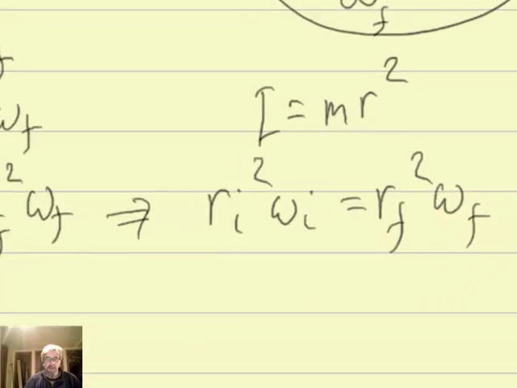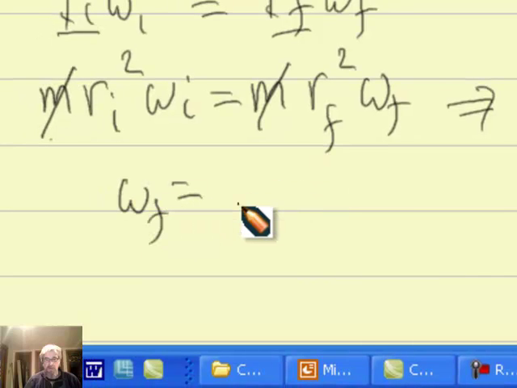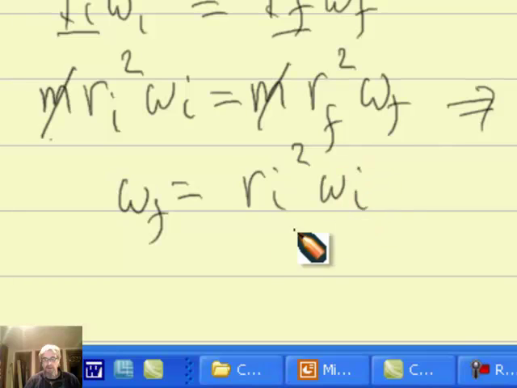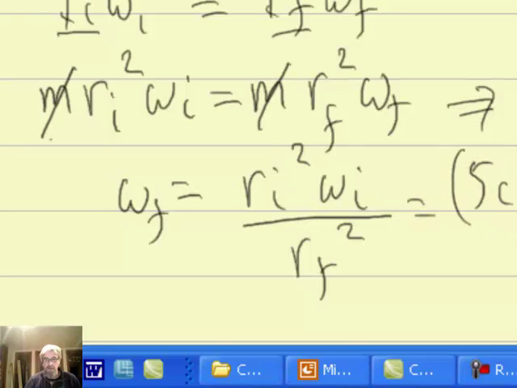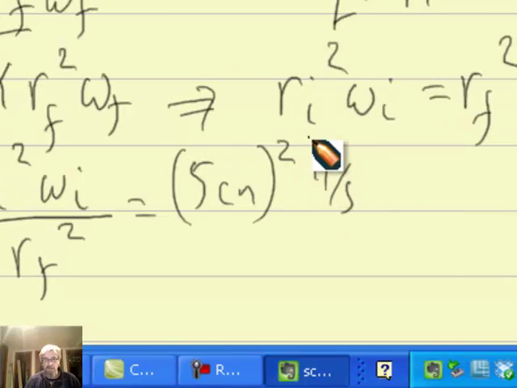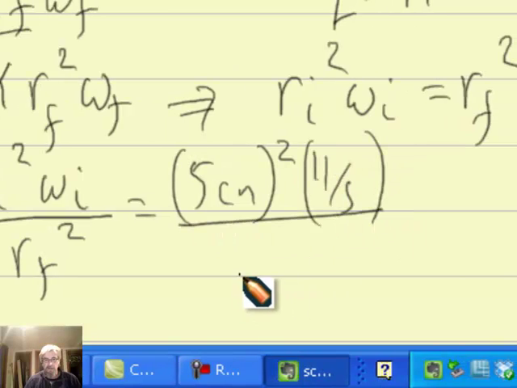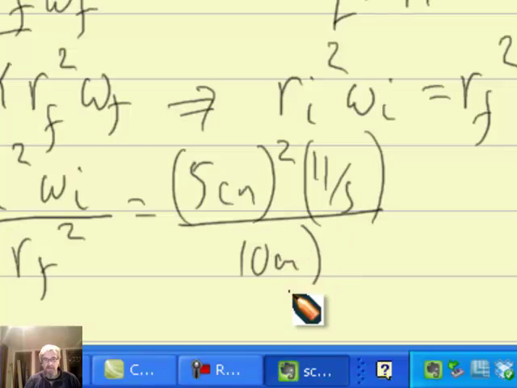We're looking for final angular velocity, so we'll solve this equation for that. Omega final is initial radius squared times initial angular velocity divided by final radius squared. So it's 5 centimeters squared, that was the initial radius, 11 per second was the initial angular velocity, and 10 centimeters squared is the square of the final radius.